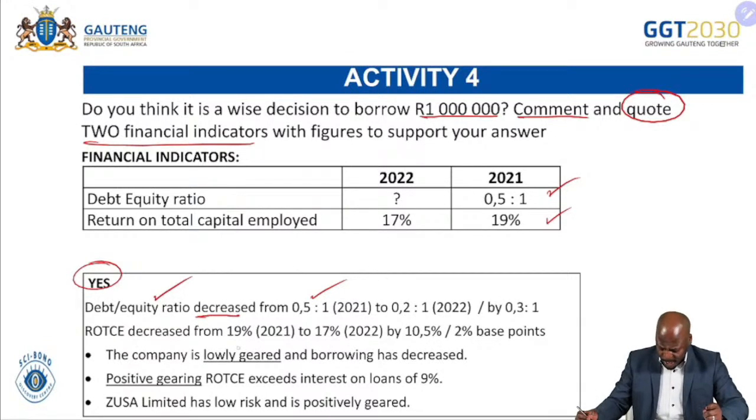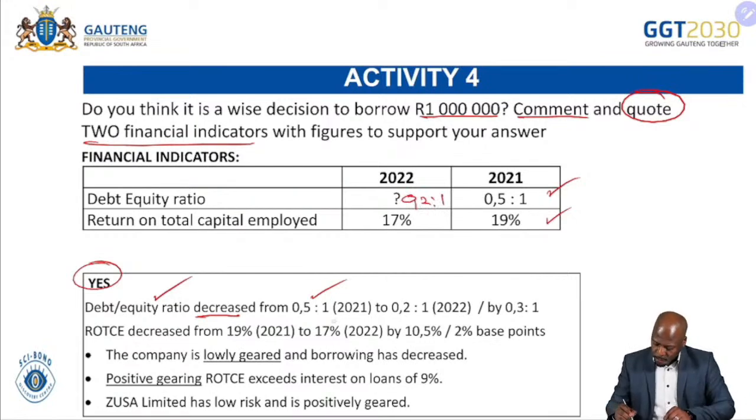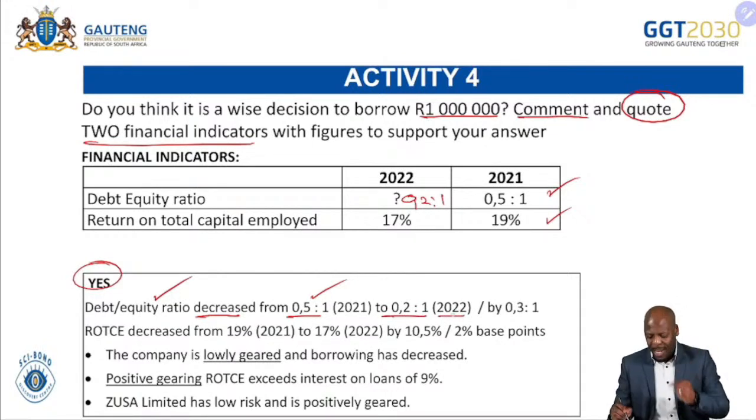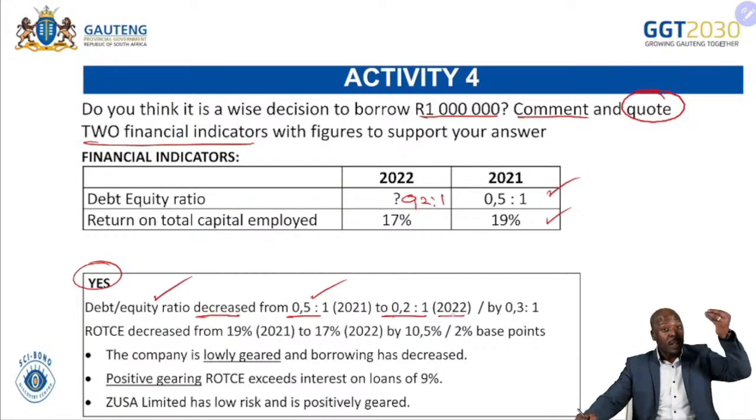In this case, they say the debt equity ratio decreased, okay, from, remember we just calculated it, now it is 0.2:1. So it decreased from 0.5:1 in the year 2021 to 0.2:1 in 2022. This you can do. I promise you, this you can do. All right. So you are simply saying from the year 2021, it was 0.5:1. Now it has decreased.